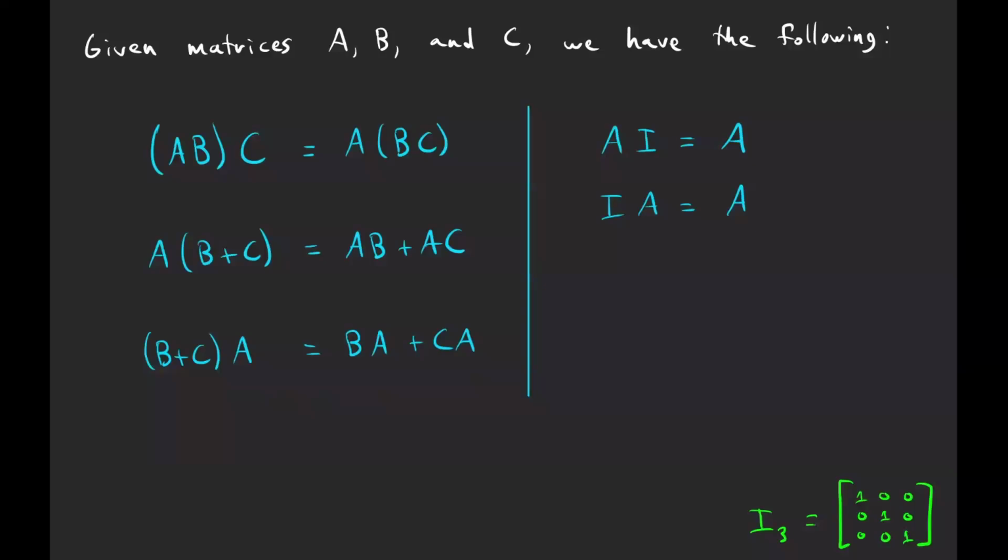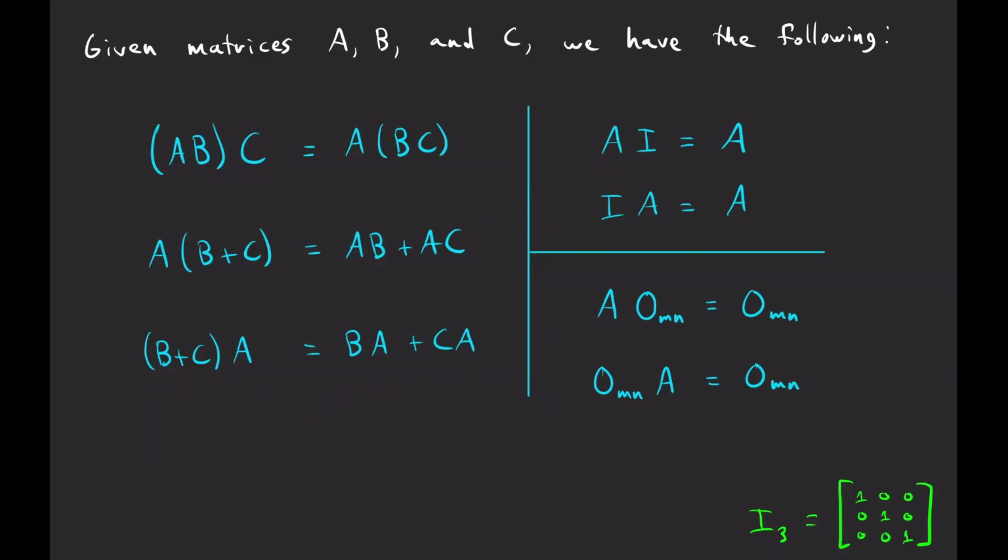Lastly, this one's probably fairly obvious. If I take a matrix A and I multiply it by the zero matrix, I'll explain notation in a moment, I end up with the zero matrix. Same thing if I take the zero matrix and I multiply it by a matrix A, I get the zero matrix.